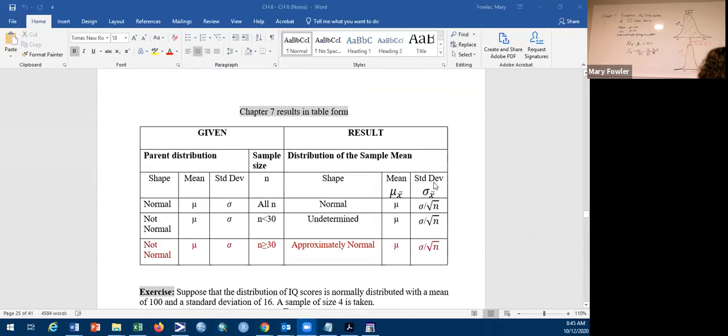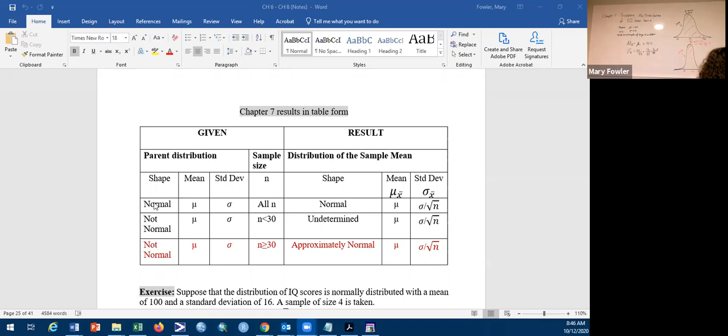Okay, and I have this in a table form on the next page. When you read this table, there's information that's given. So different possible problem types, if you want to think about it. If the parent population is normal, you would be in this row. If the parent population is not normal, you would be in one of these two rows. And then there's a mean and a standard deviation and the sample size.